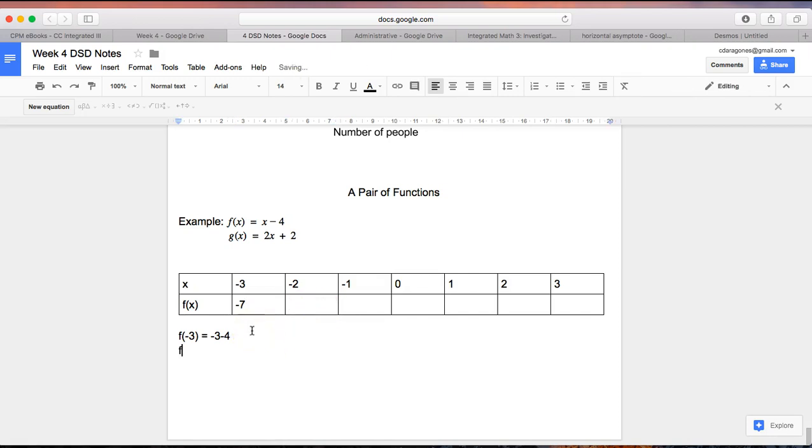So f of negative 2 is equal to negative 2 minus 4, which is negative 6. F of negative 1 equals negative 1 minus 4, which is negative 5. F of 0 equals 0 minus 4, which is negative 4. Sorry, I'm not writing down my answers here.